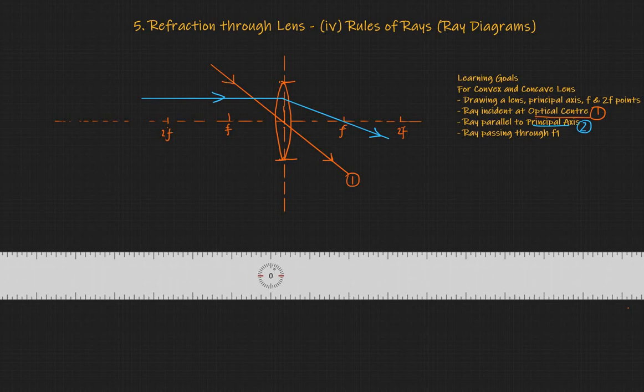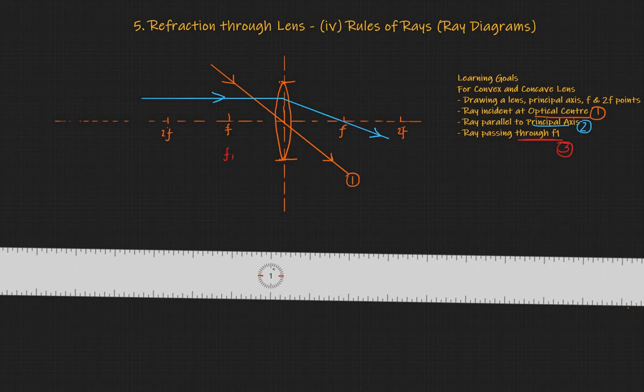All right. Now the third rule is a ray passing through F1. What happens to the ray passing through F1? So in convex lens, we know that this is our F1.